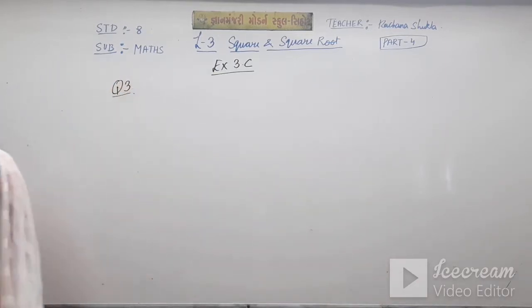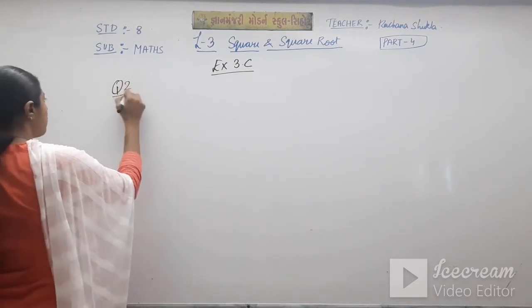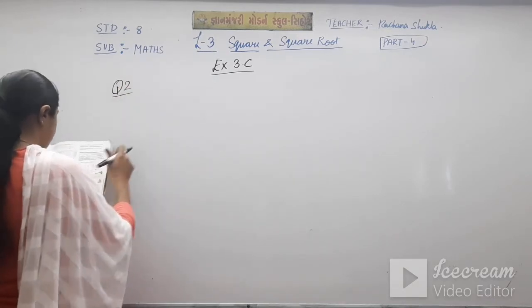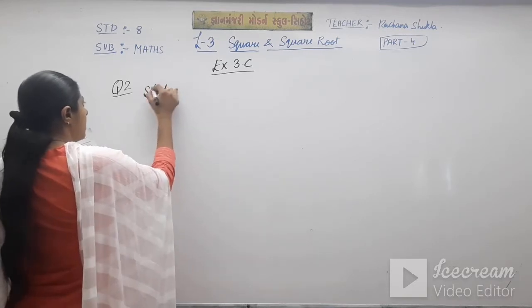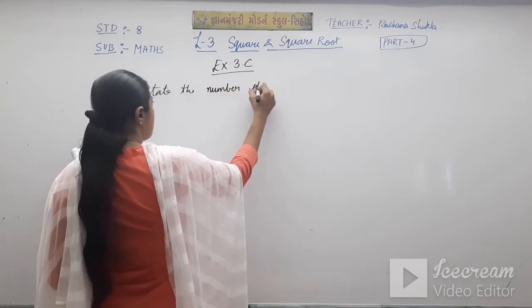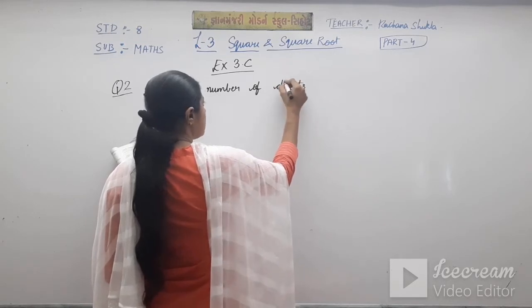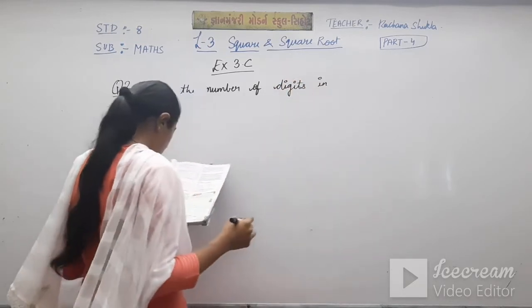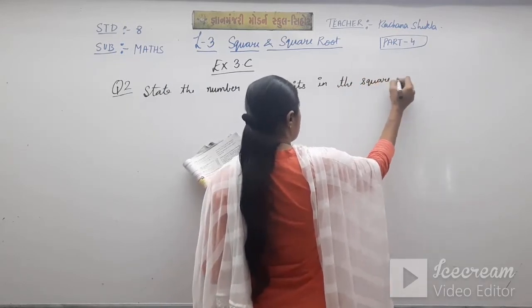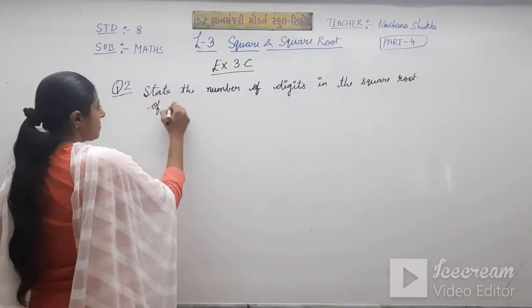Your question number 3 is, sorry, not question number 3, question number 2. The question is: state the number of digits in the square root of the following numbers.